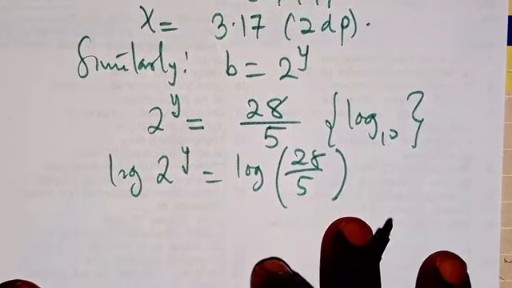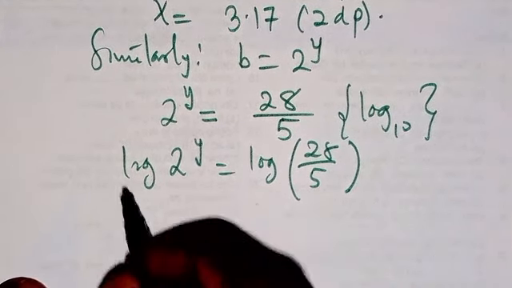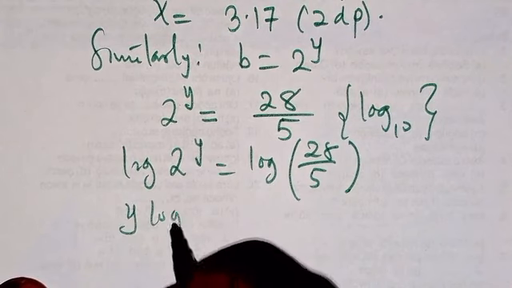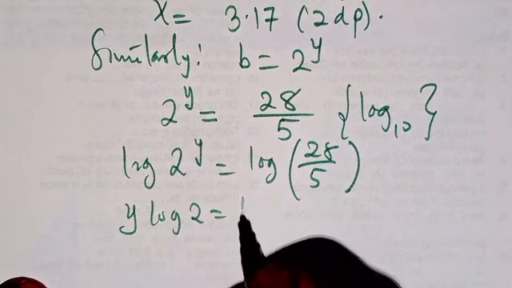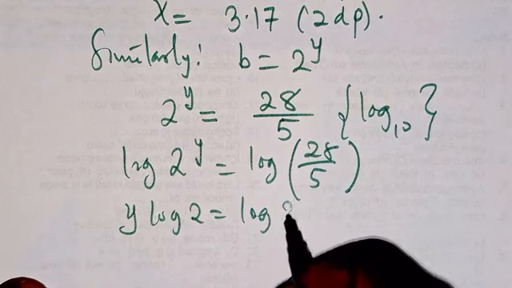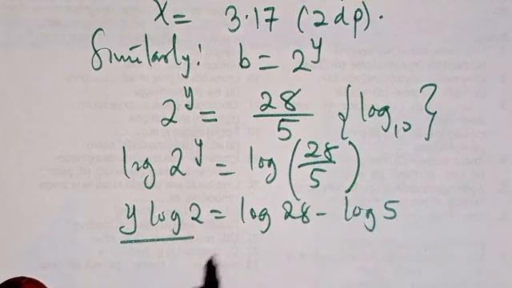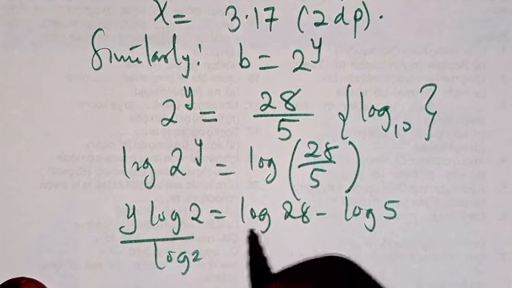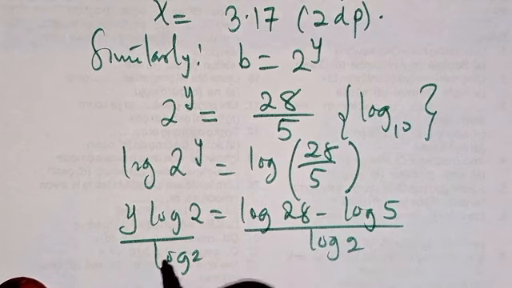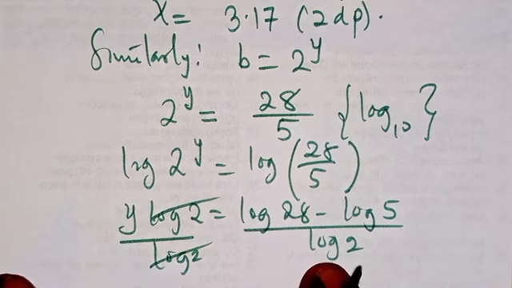right? So from there, what do we do? This y comes down multiplying log 2 equals, the same idea we used up there, log 28 minus log 5. So we divide both sides by log 2. So this cancels this. Are you getting it now?